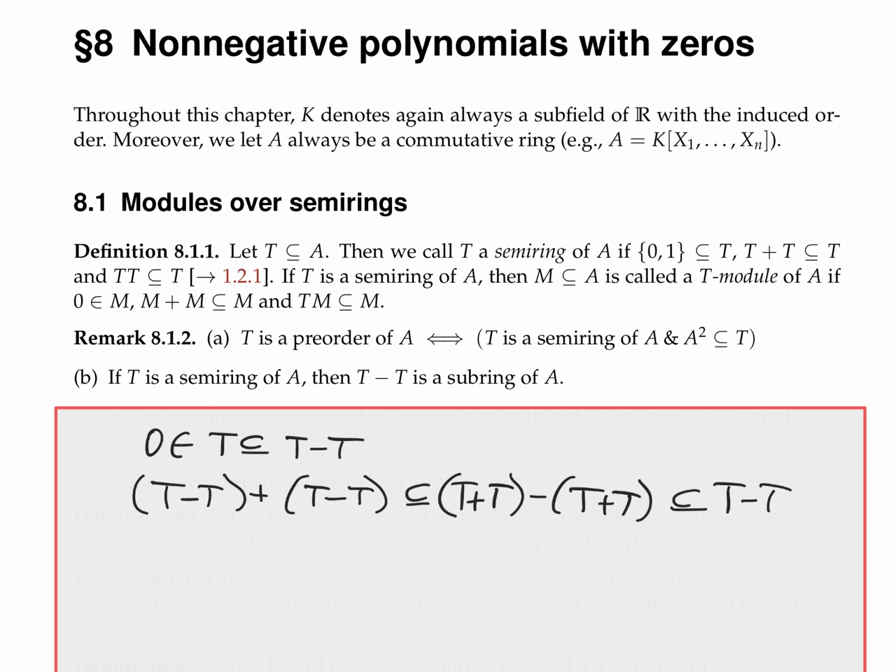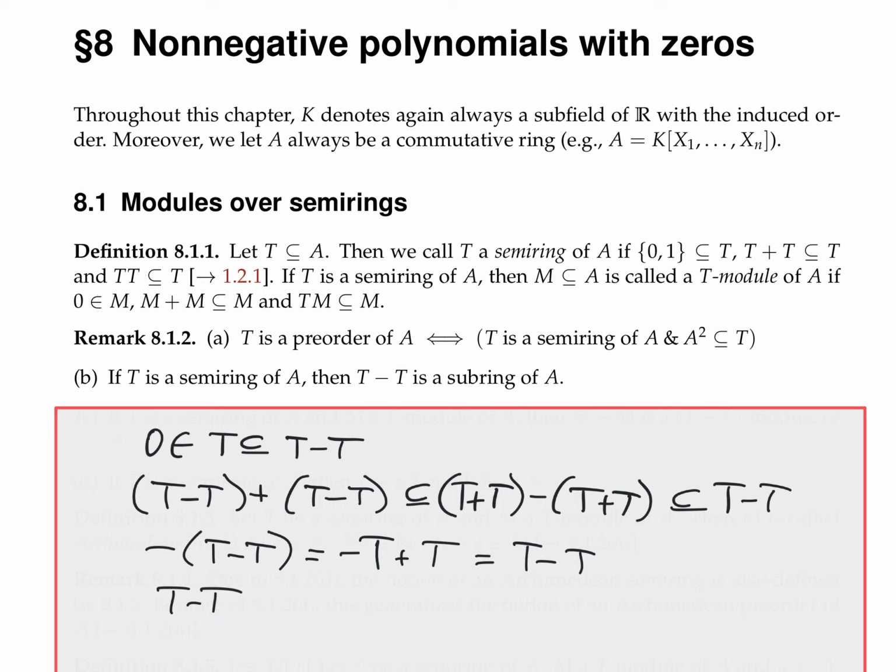And it's closed under additive inversion. So it's a subgroup of the additive group of A, and it's closed under multiplication, and it contains 1, right?